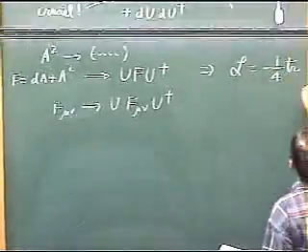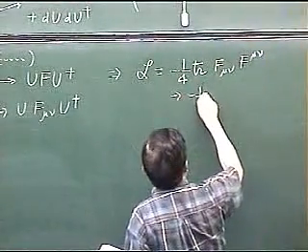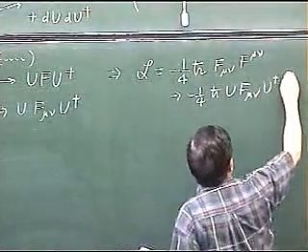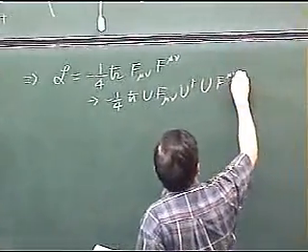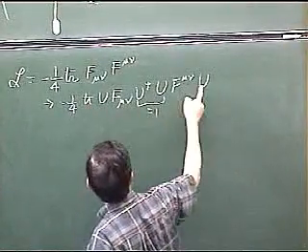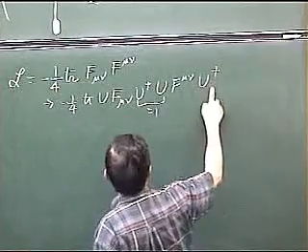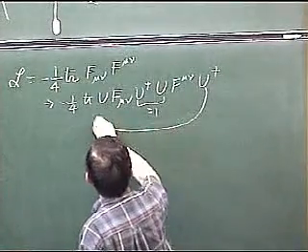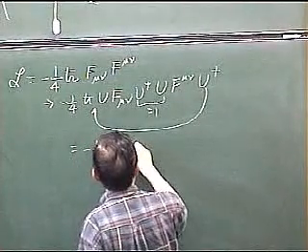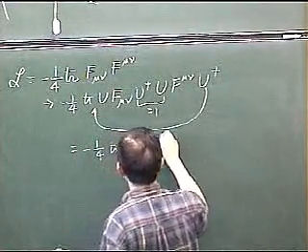So this would transform as minus 1/4 trace U F mu nu U dagger U F mu nu U dagger, and this is 1, and then you use the cyclic property. This U dagger comes around and meets this U, and you get minus 1/4 trace F mu nu F mu nu.